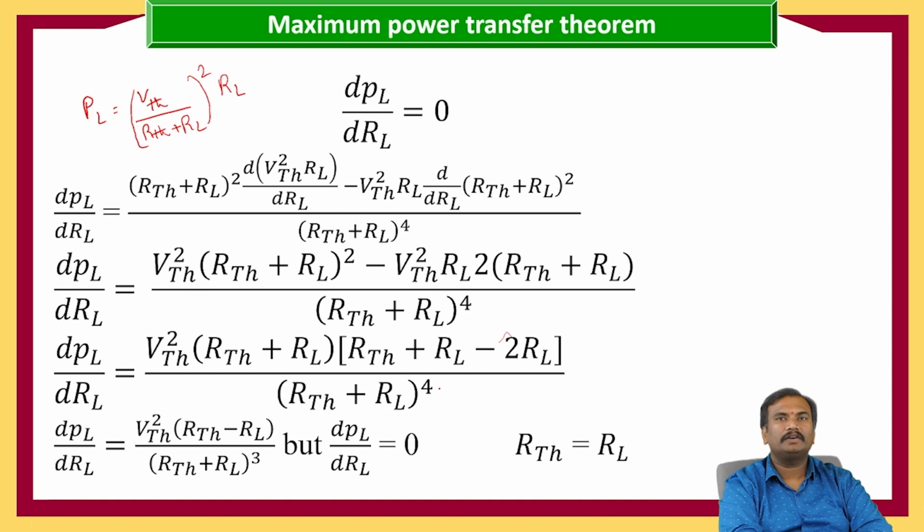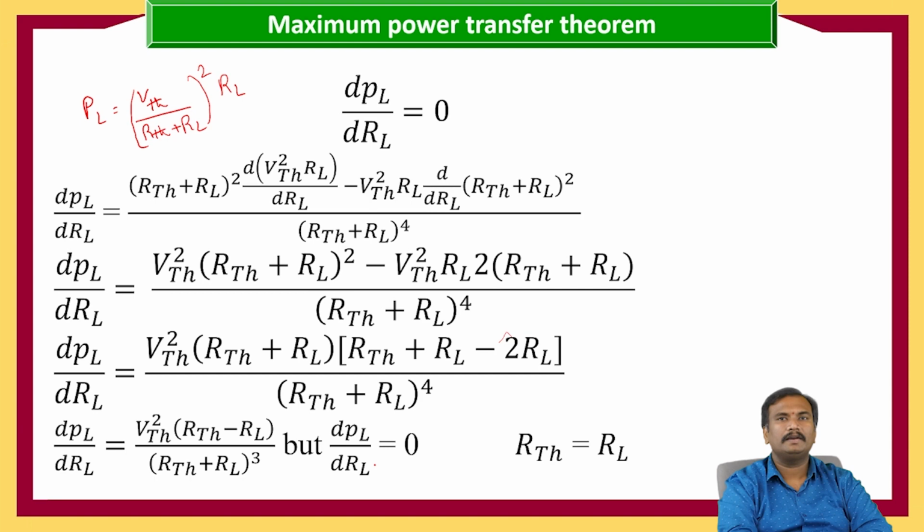Now if we cancel RTH plus RL, the power 4 becomes power cube. This is the equation we get: VTH square into RTH minus RL by RTH plus RL whole cube. But what is our condition? This should be equal to 0 in order to get the maximum power.